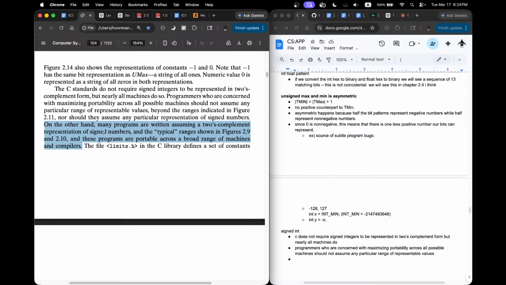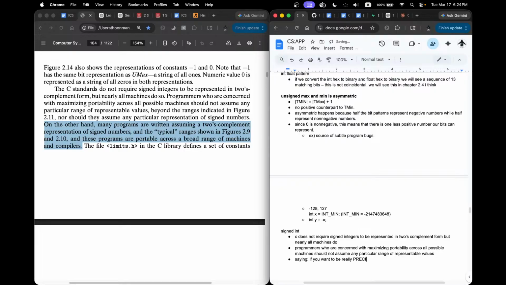So it's basically saying if you want to be really precise about all machines, then don't assume we are always using 2's complement representation of signed values, but many programs are written assuming a 2's complement representation.